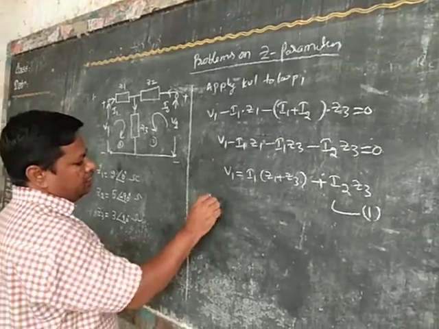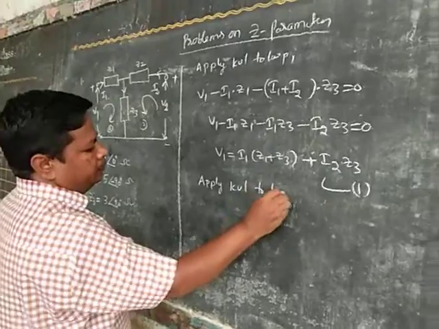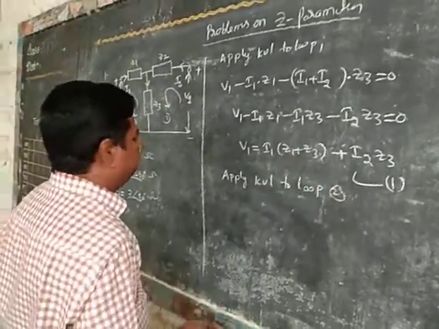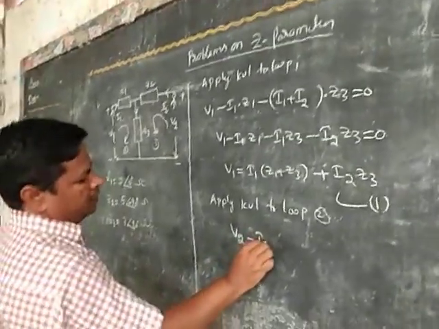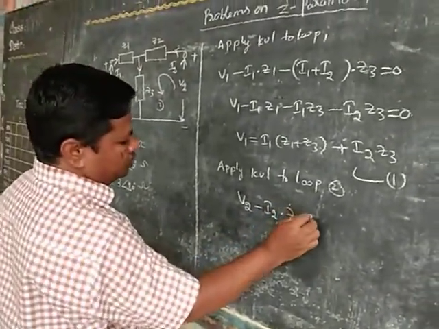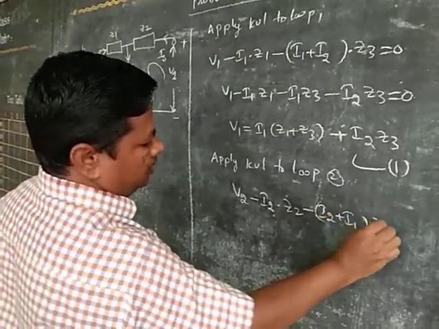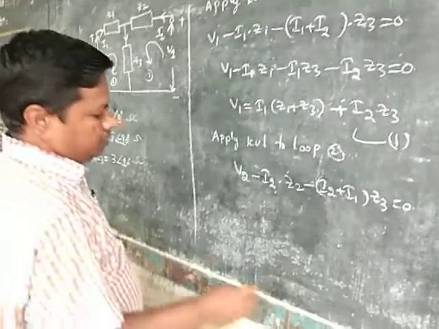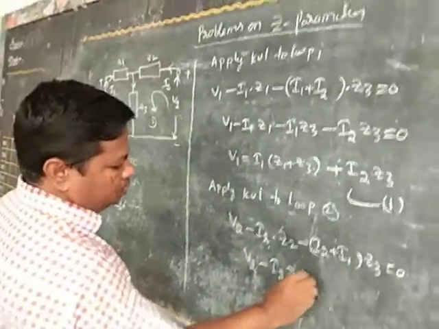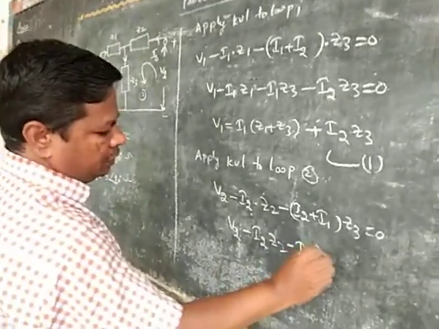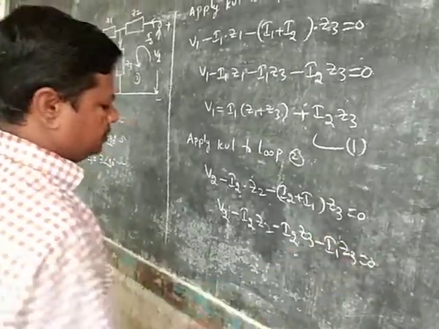Similarly, apply KVL to loop 2. In this loop, V2 minus I2 into Z2 minus I2 plus I1 into Z3 is equal to 0. So V2 minus I2 Z2 minus I2 Z3 minus I1 Z3 is equal to 0.